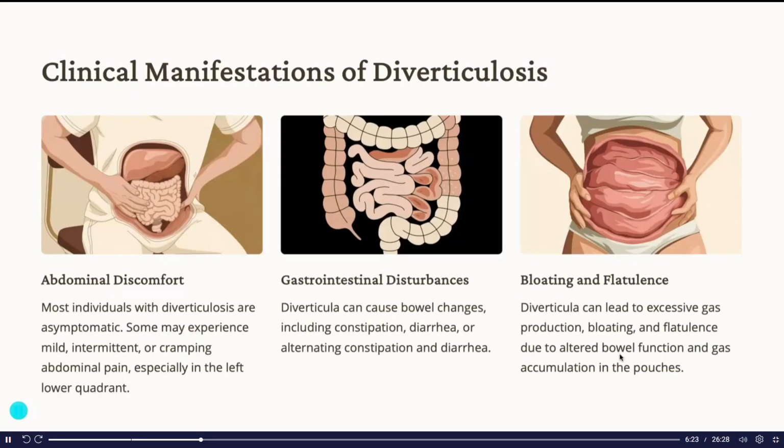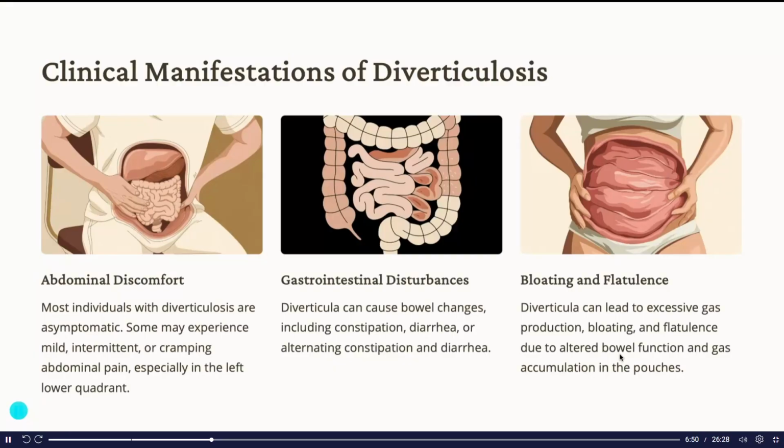So diverticulosis, again, is often asymptomatic and is caught by chance. Some individuals might complain of mild symptoms like bloating, constipation, or abdominal discomfort. In contrast, diverticulitis presents with more pronounced symptoms like acute abdominal pain.